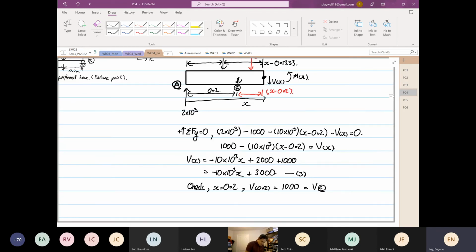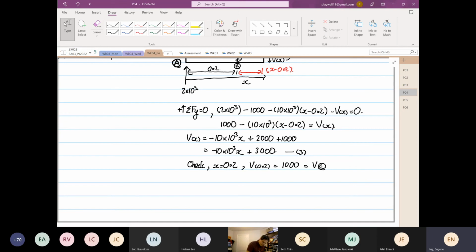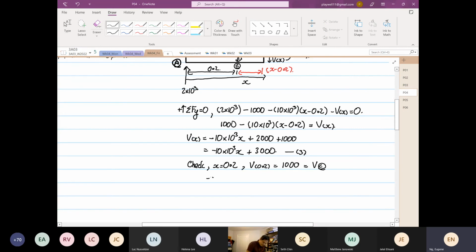So we just plug in. This is equal to minus 10 times 10 to the power 3 multiplied by 0.2, plus by 3,000, which is also equal to 1,000. Okay, so this equation is good.